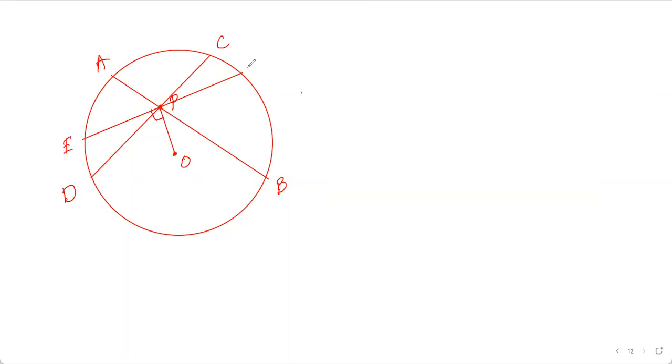Let that chord be EF, which is perpendicular to OP. Now if I join OE, then I can say that OP square is equal to OE square, the hypotenuse square, minus PE square.